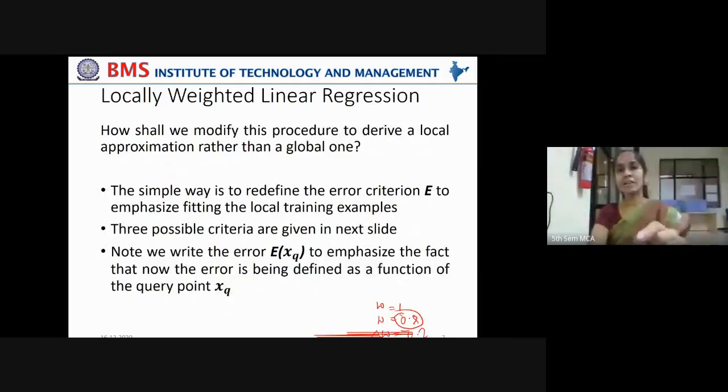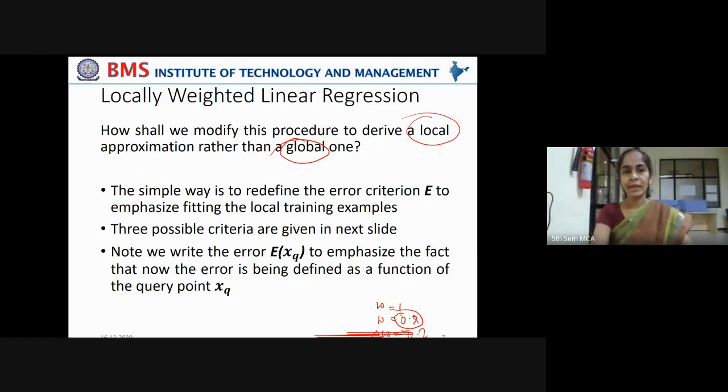Because instance-based learning will use each instance at a time in order to perform comparison. This learning doesn't happen on the entire training set at a time; it is based on each instance at a time. That is why you have to convert the global approach into a local approximation approach.